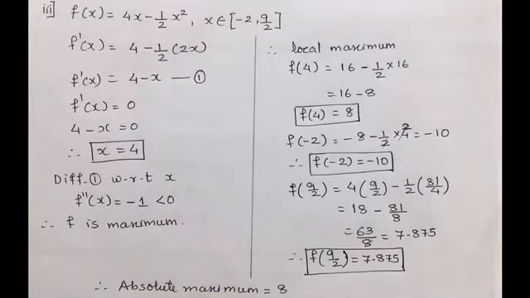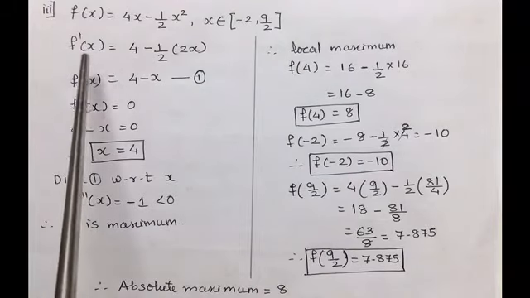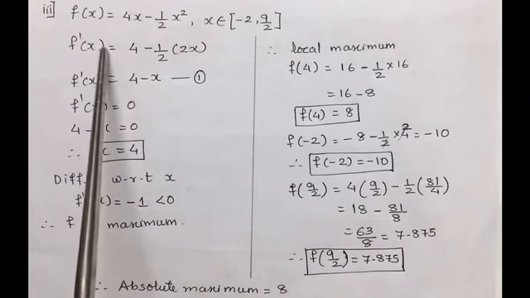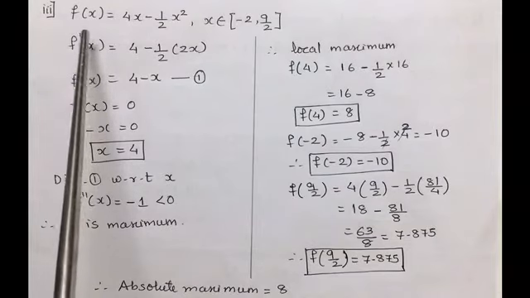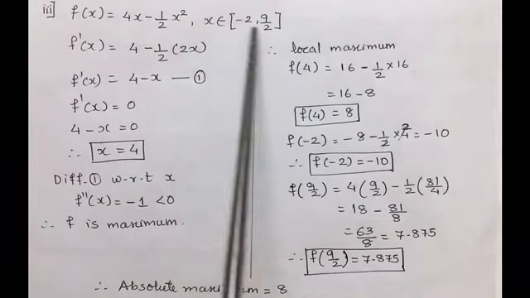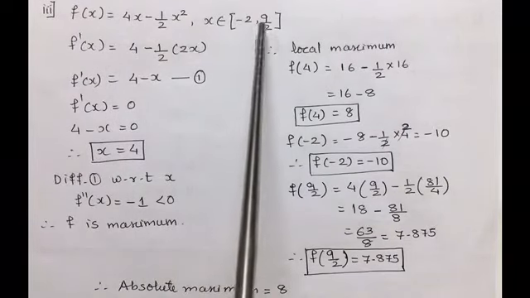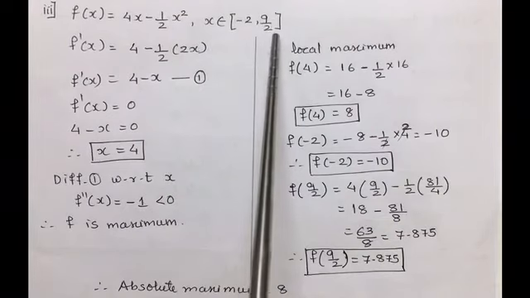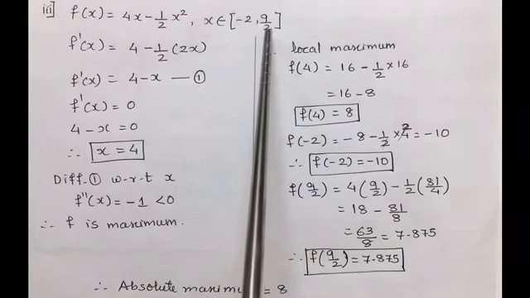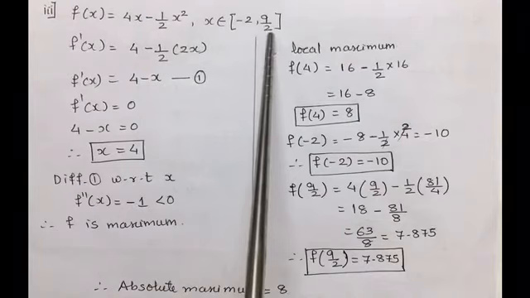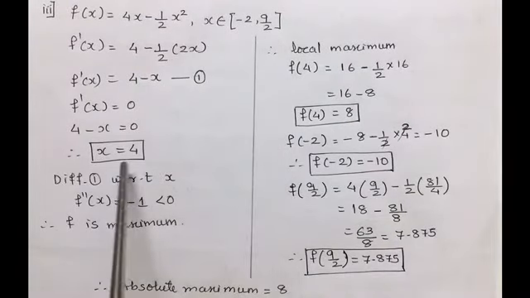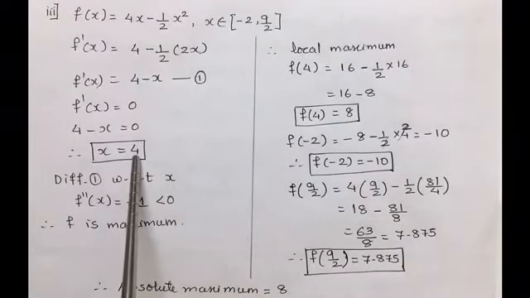Third question of fifth example: again here we need to calculate the absolute minimum and absolute maximum. x belongs to the closed interval minus 2, 9 by 2. Now as 9 by 2 is 4.5, so the value x equal to 4 lies in the interval.